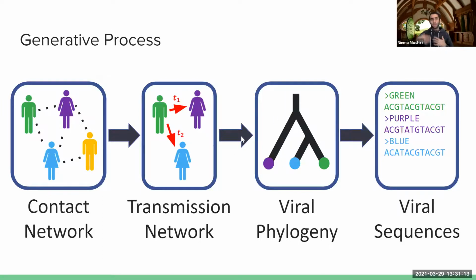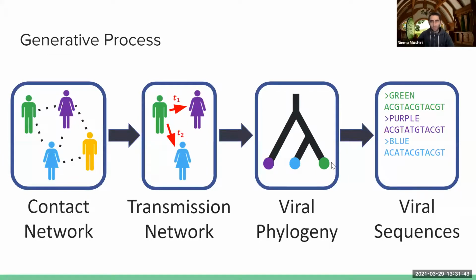So in a mathematical modeling framework, the contact network can be modeled using some network model. The transmission network, we can have some mathematical model dependent upon this. The viral phylogeny can be some mathematical model where the phylogeny is conditioned upon this and sequences are conditioned upon the phylogeny. So you can think of it as every single step is dependent upon the previous step.